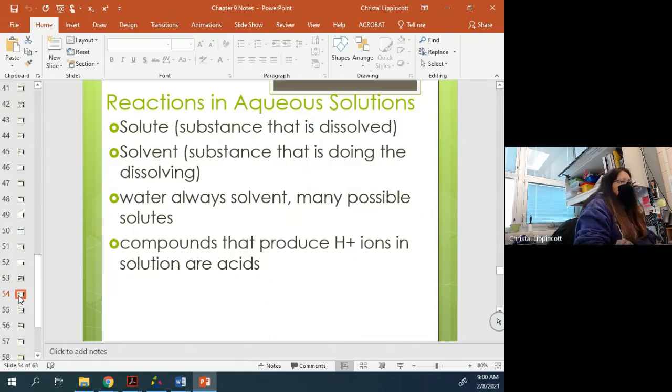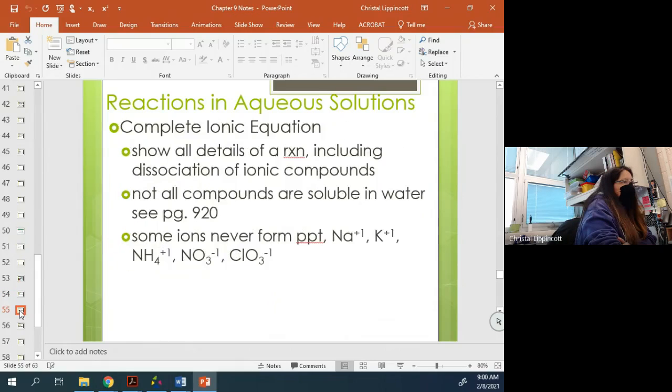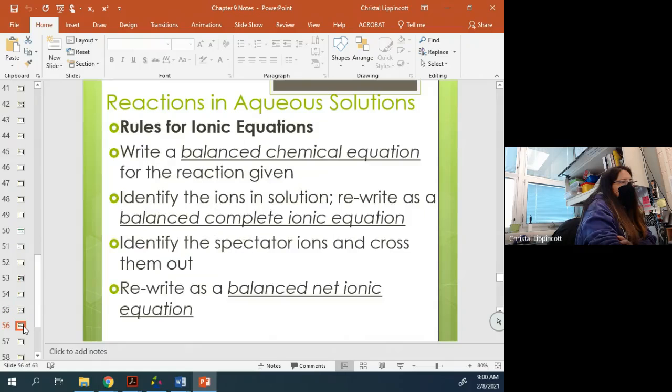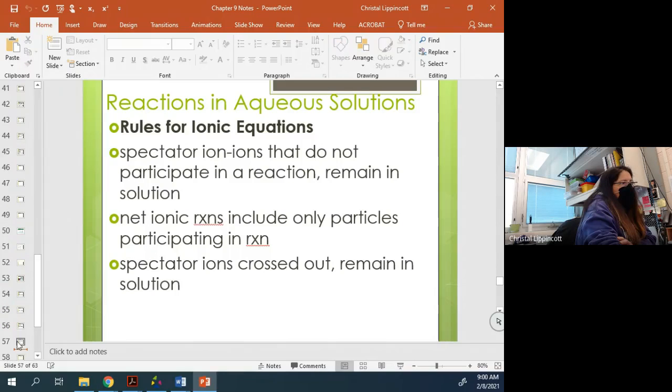So what we do with these double replacement reactions is we look and see what is produced and just have those components in our reaction, okay? So the things that are just watching the action going on, those things are called spectator ions, just like at a game or something. The people who are watching are called spectators.